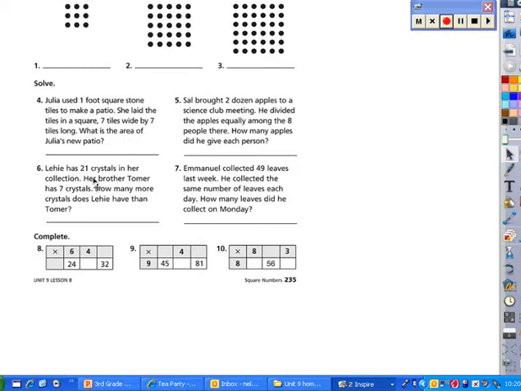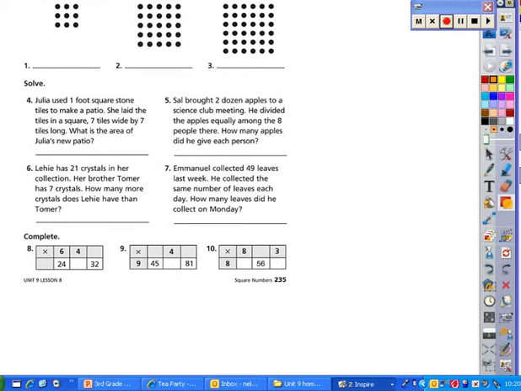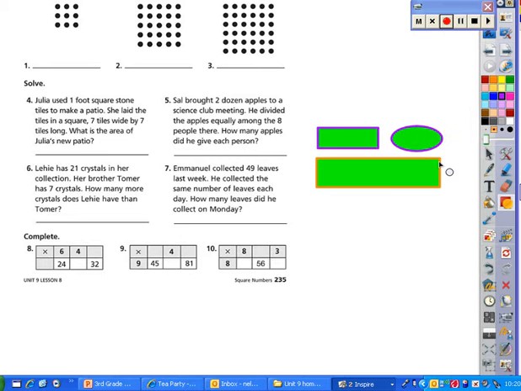So Leah has 21 crystals in her collection. Her brother Tomer has 7 crystals. How many more crystals does Leah have than Tomer? Lots of times you can make that comparison bar. So there's 1. Do another color. There's 2, and then our oval here.